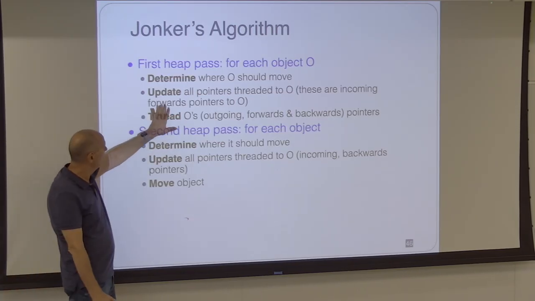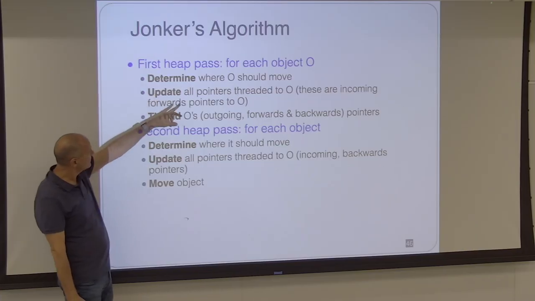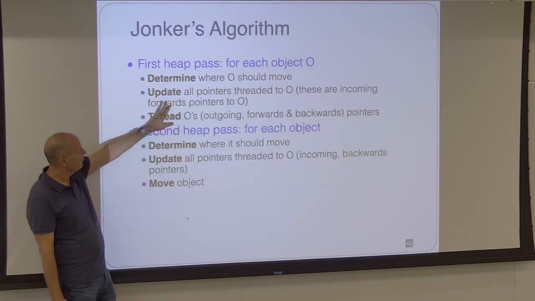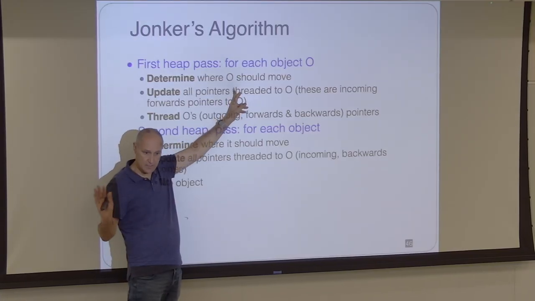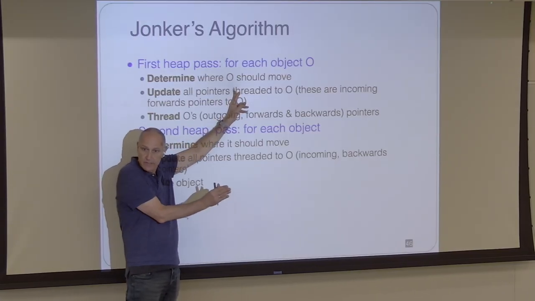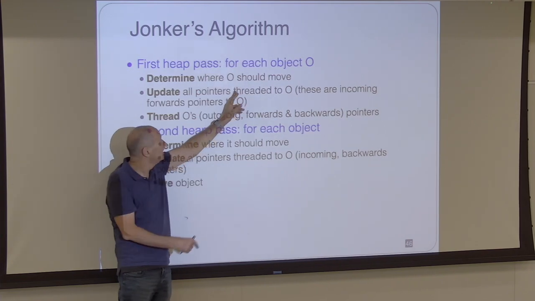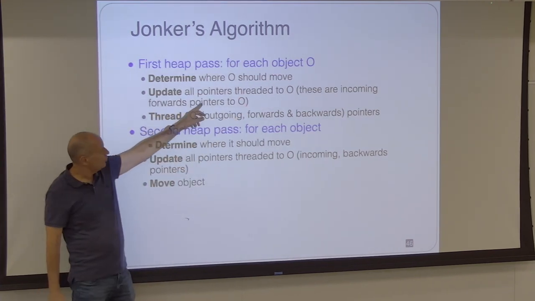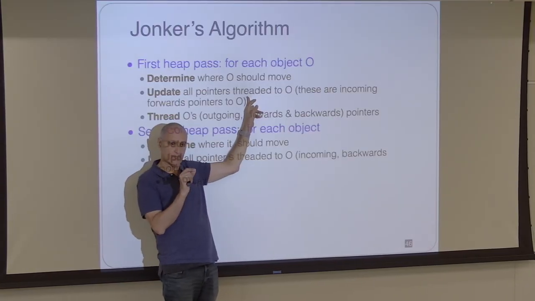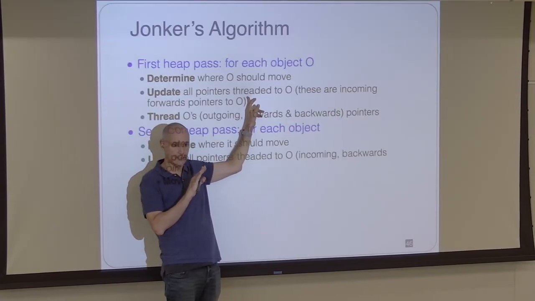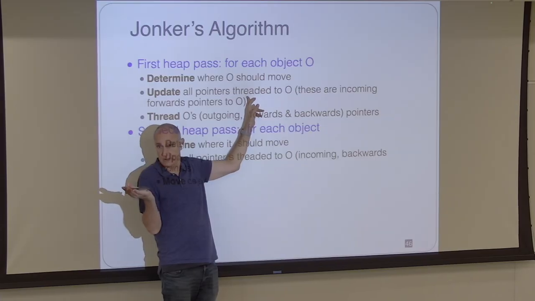Okay. So what is it? In the first heap pass for each object P, I determine where it should move. I can do this in each pass. I just accumulate the space before it, and then I know where it's supposed to move. And then I update all the pointers that are threaded to its header. These are locations that point to it that I've already seen. These are forwards pointers.